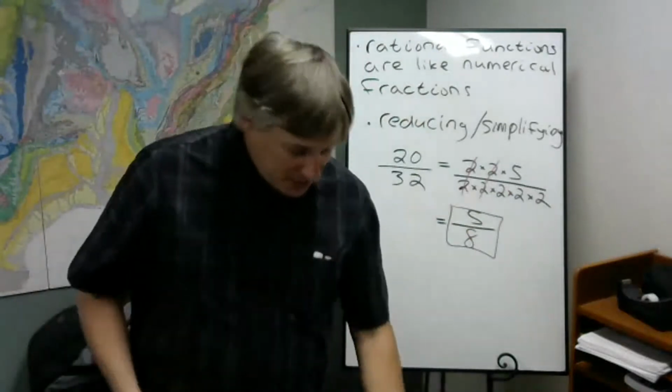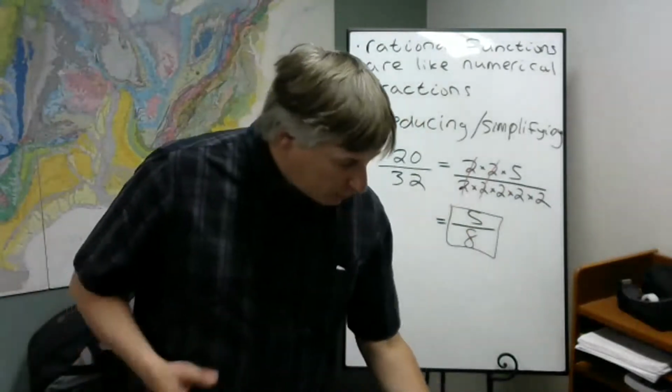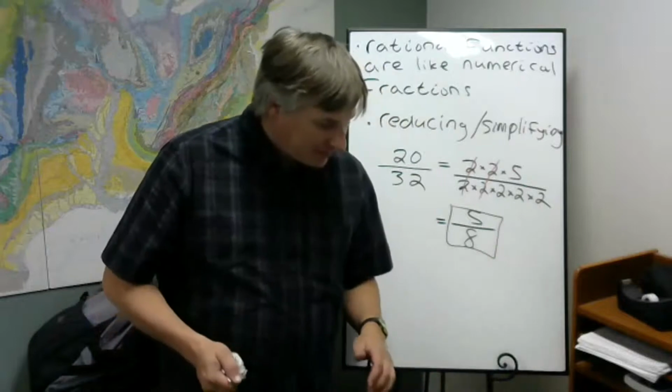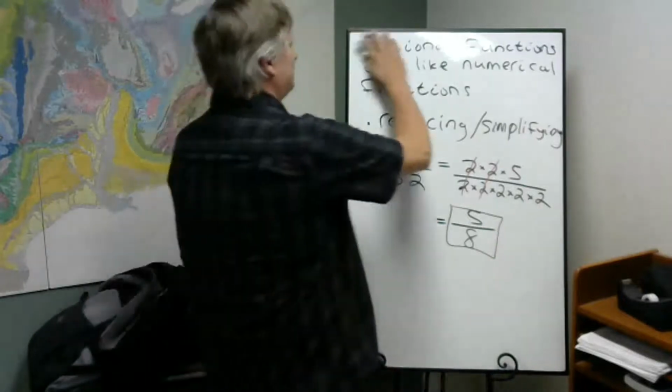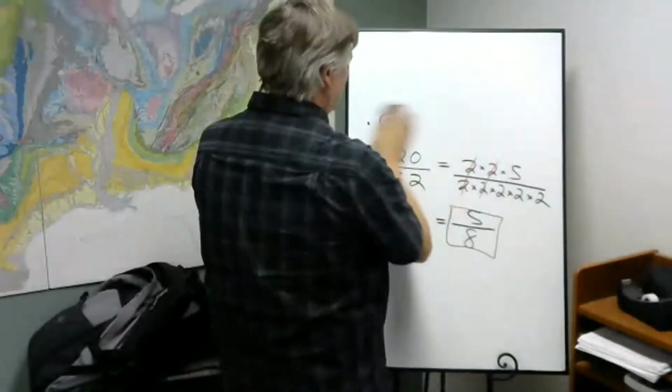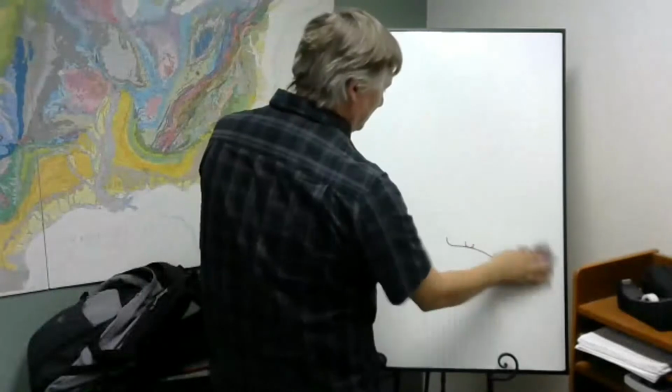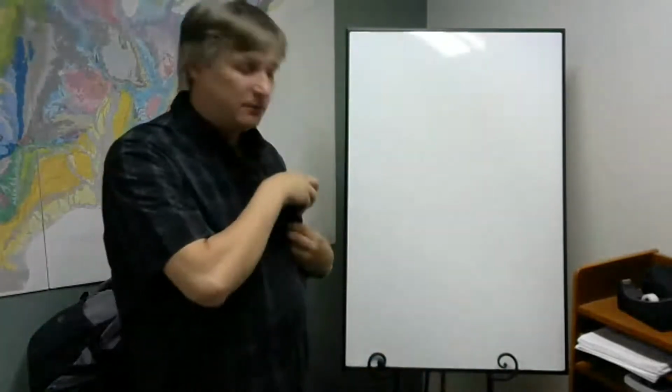Now, we can do the same thing with rational functions. So this is what we can do. And again, using our factoring skills, those are going to be helpful. So let's pull one out here.